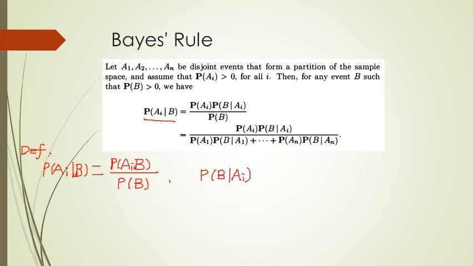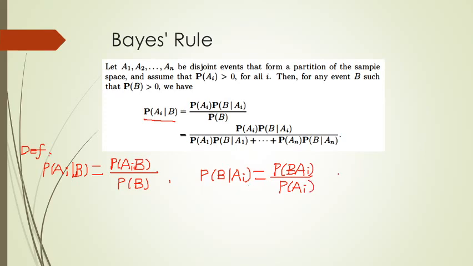Given the event AI occurs, the probability of event B, according to the definition again, is the probability of B intersect AI over the probability of AI, right?